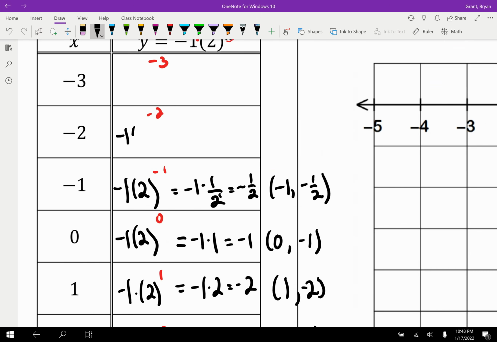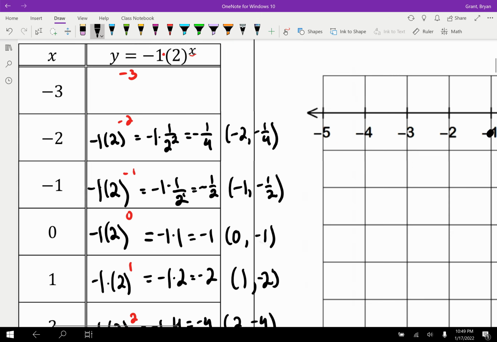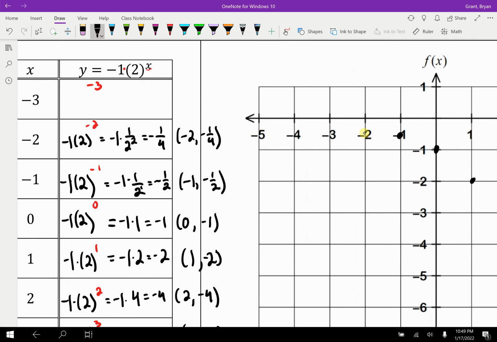Continuing through, -1 times 2 to the -2nd becomes -1 times 1/2 to the 2nd. Or, some mental math, this is 4, -1 times that will give us -1/4. Alright, -2, let's see, -1/4 isn't quite to -1/2. I think it's right about there, give or take.